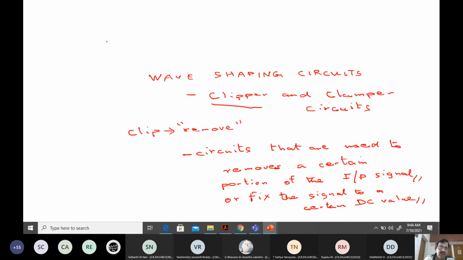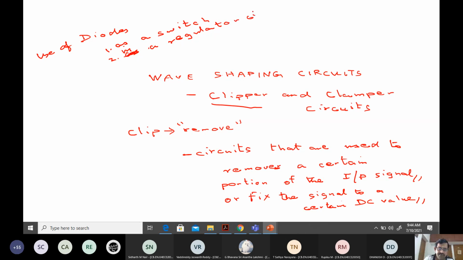So these are not only clipper circuits, and so we have seen the use of diodes as a switch you can use. Then the second one, as a regulator, in a voltage regulation circuit they can be used.